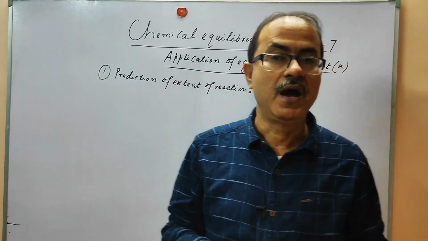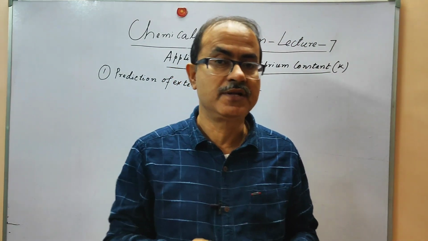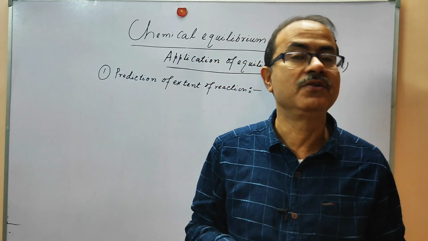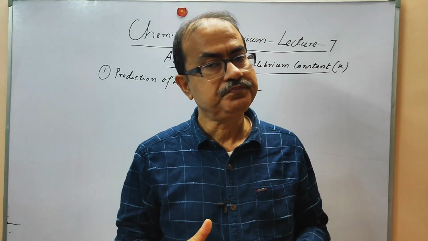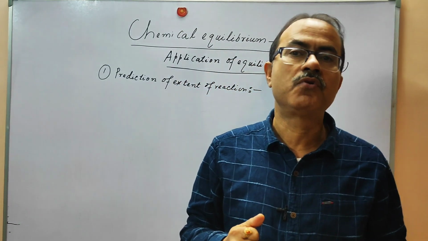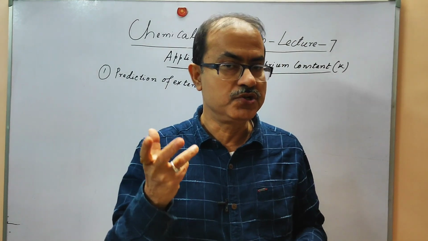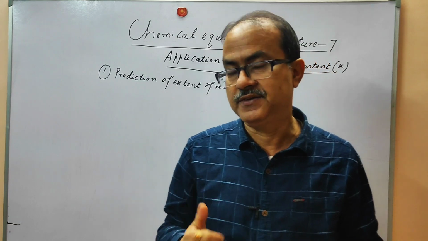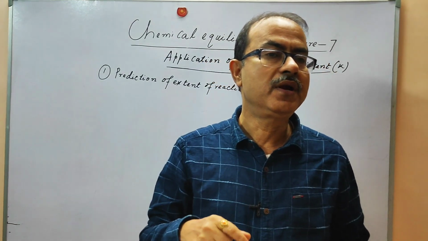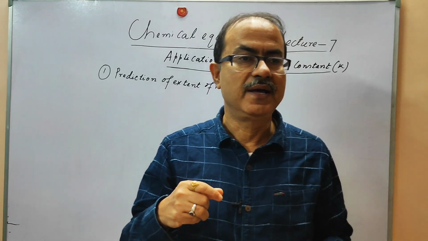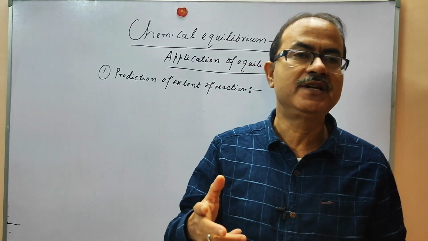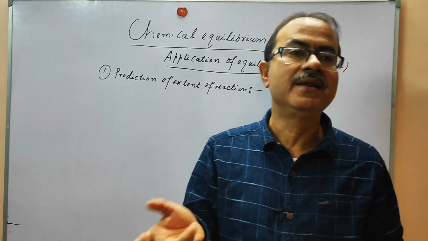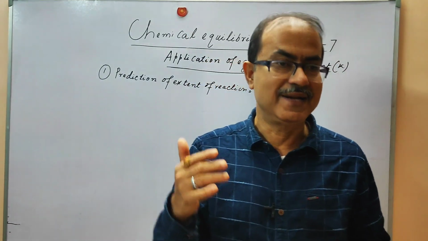Now the question arises, how will the equilibrium constant help you predict all three categories of the extent of reactions? We know what the equilibrium constant is. It is basically a ratio of the concentration of product divided by the concentration of the reactant. So when we are talking about the extent of reaction, we are basically talking about the ratio of the concentration of product and the concentration of the reactants.